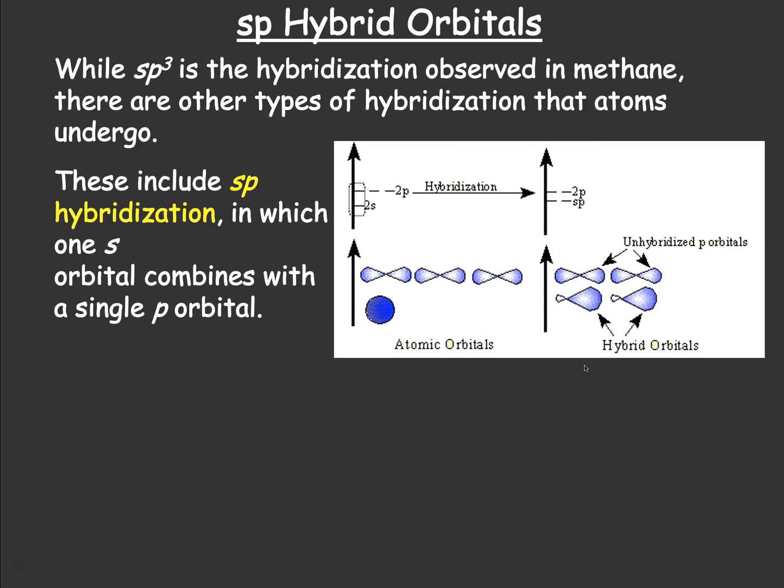From our diagram we've seen before with sp3, we are only using a single s and a single p. 1 plus 1 equals 2. Notice on the right-hand side, we have 2 hybrid orbitals and 2 unhybridized p orbitals. So sp is just made from one s and one p. That's all we're referring to.